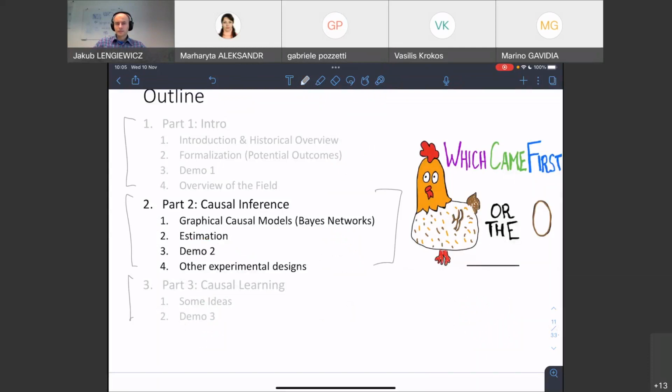That is, we know the directions of the causal relationships, which variables are causes and which are effects, and now we need to correctly measure the strength of this causal relationship. As we saw during the demonstration last time, it is not as trivial as we might think. We should follow some rules to be able to measure it correctly.